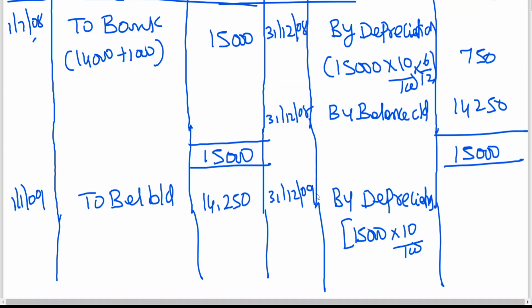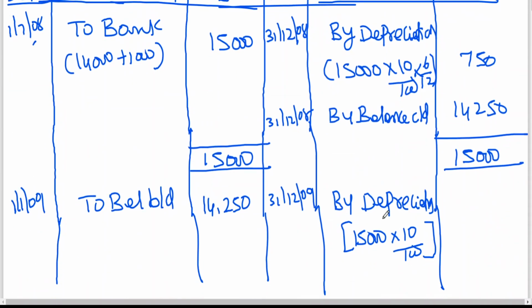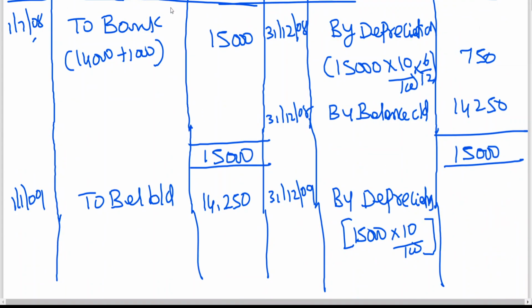Always calculate depreciation on cost price. In the second year you have to calculate for the full year, because the asset is there from beginning till end. Under straight line method, depreciation is always calculated on cost price. It is coming to 1,500 rupees.